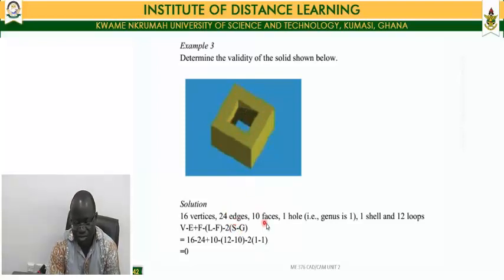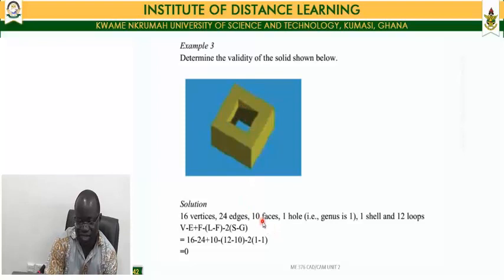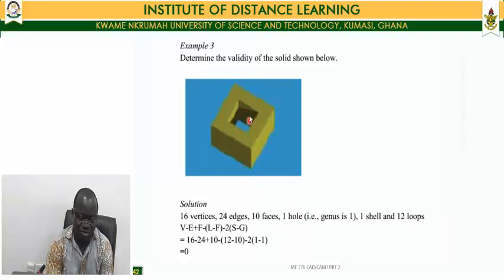Now the genus, which is the penetrating hole, is 1, because there's a hole, a see-through. Now the shell is still 1 because of the outer skin, there is no internal void. The internal void that we describe is a void which can only be seen when you section. But this one is a hole, a see-through, which you can see.